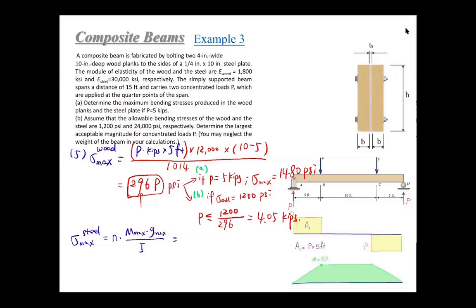Here you will get 4943 P psi. Again, we'll divide it into two steps. A, if P equals 5 kips, then the maximum stress will be 24,715 psi.